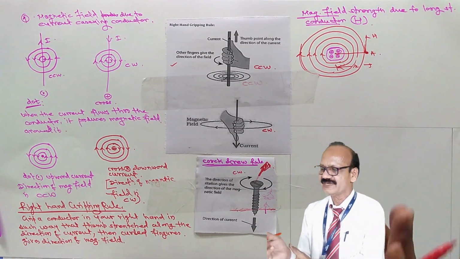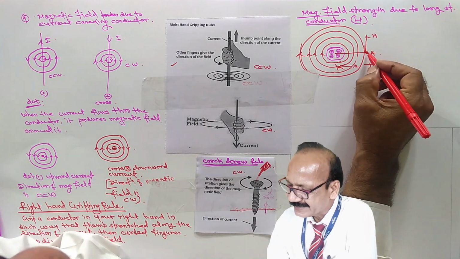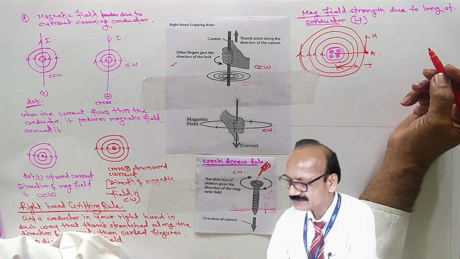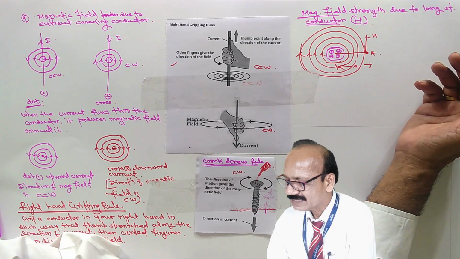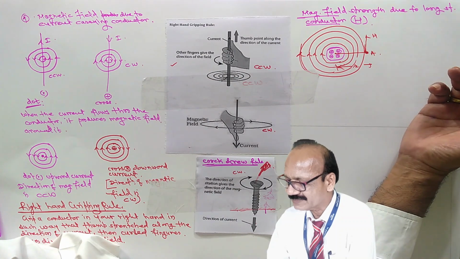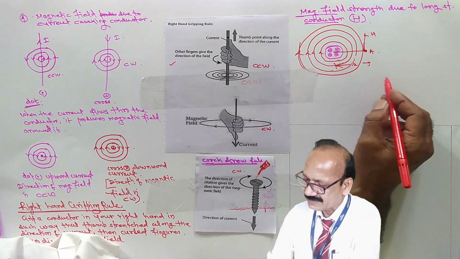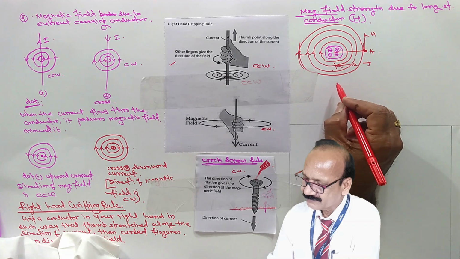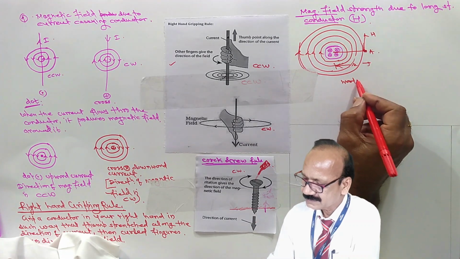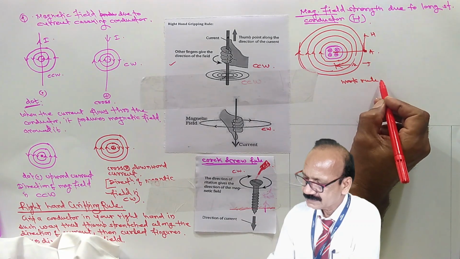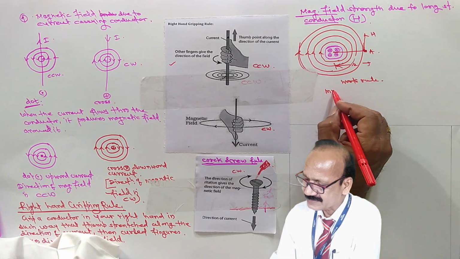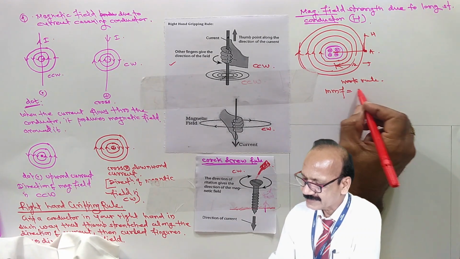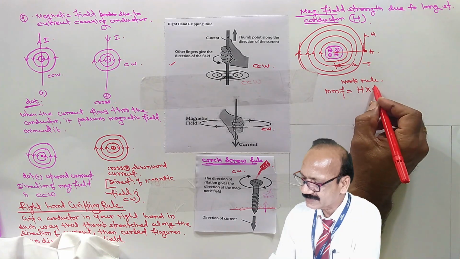See, the field strength at point A outside the conductors at a distance r meter from the center of the conductor is given by the work rule, or the MMF equal to magnetizing force H into distance.